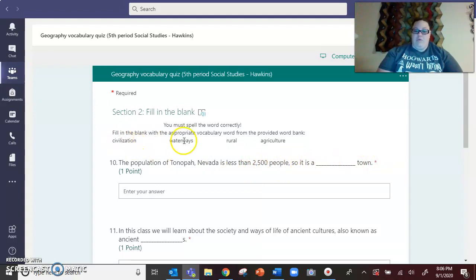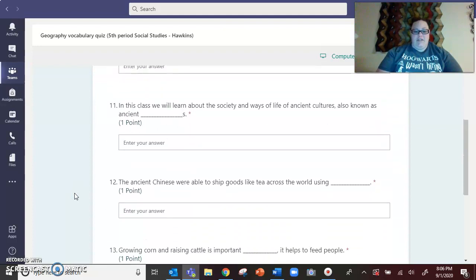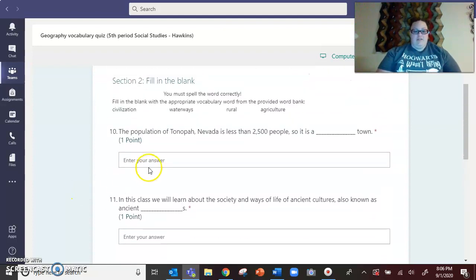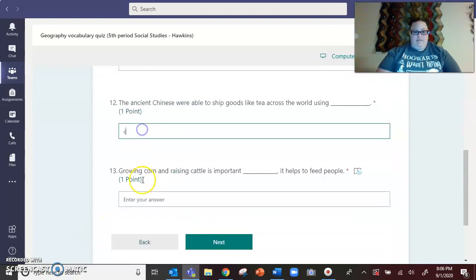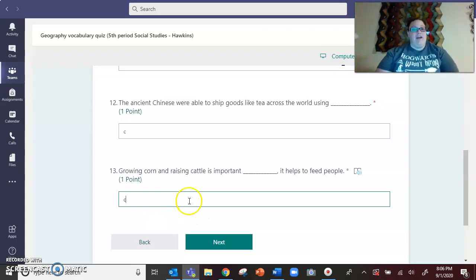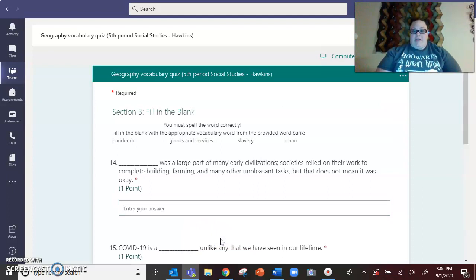The answer is one of these 4 words. If you did your vocabulary homework, you know which one it is. Same thing, same thing, same thing. You're going to write the actual word, and spelling counts. Remember, if you spell it incorrectly, it's going to mark it automatically wrong.